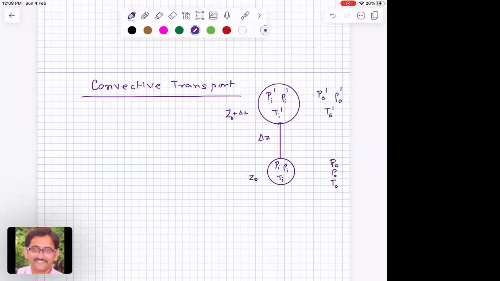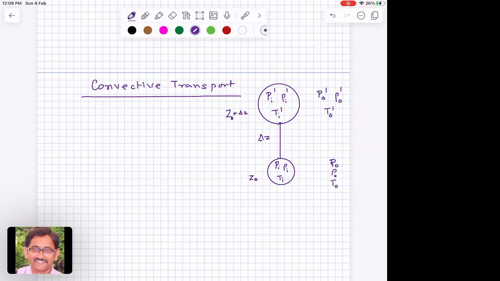Okay. Now, what we will be doing is the following. Suppose the pressure, temperature, and density of the blob inside and outside are the same at, say, Z naught, that is, at the ground level. And because of some perturbation, suppose one spherical region is moved up.